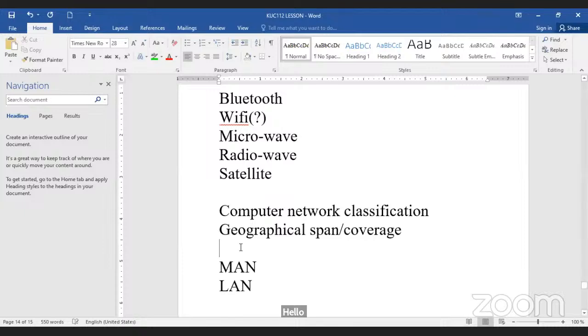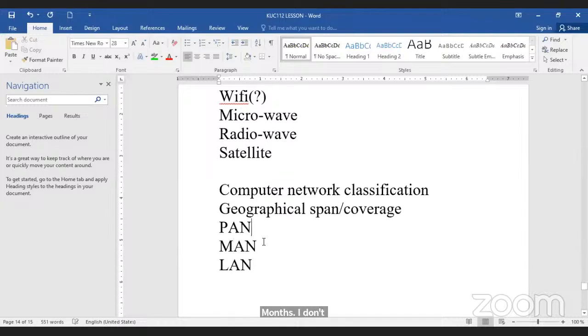Let's start with the PAN, the personal area network.